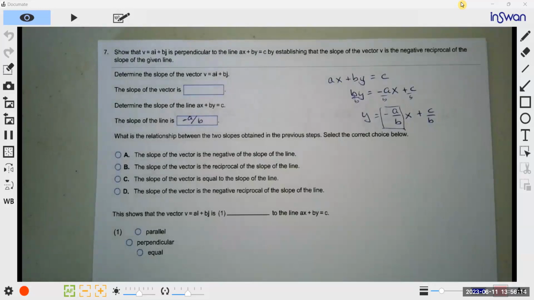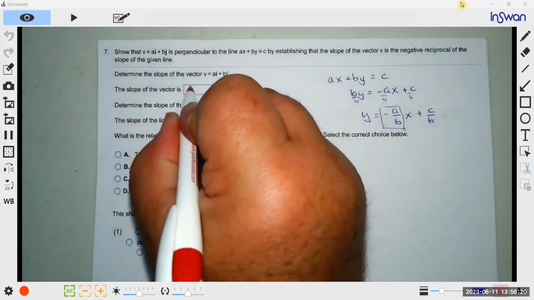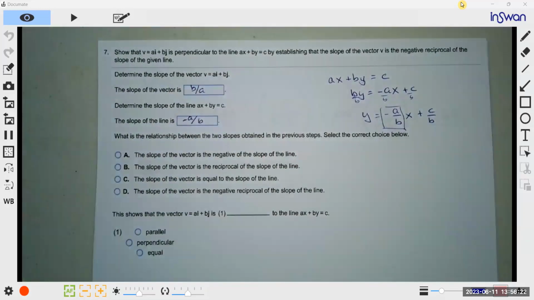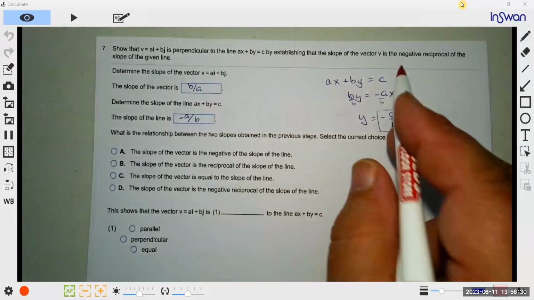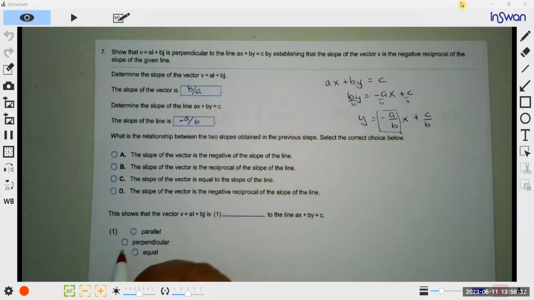By definition, the slope of the vector is the negative reciprocal. So since it's the negative reciprocal, it's b over a. Yeah, so then they're perpendicular.